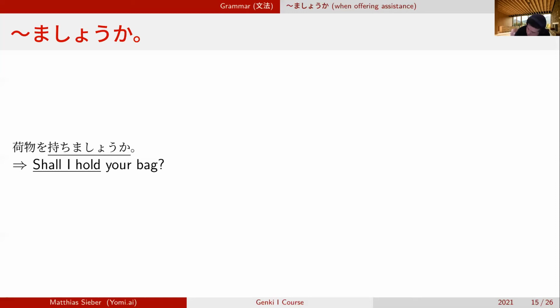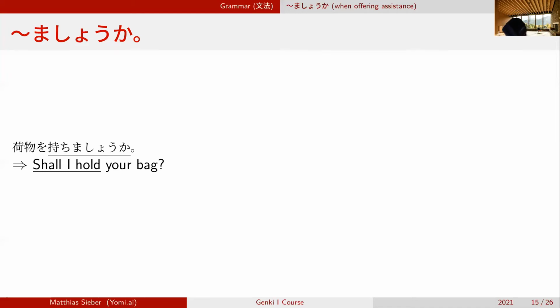So mashouka is also used in the sense of let me do, in offering assistance, like nimotsu o mochimashouka, right? If you see somebody having a hard time opening the lid of a bottle, for example, you can offer help by saying yarimashou ka, watashi ga yarimashou ka, right? They say it as I'll do it, but yeah, you're offering assistance, right?